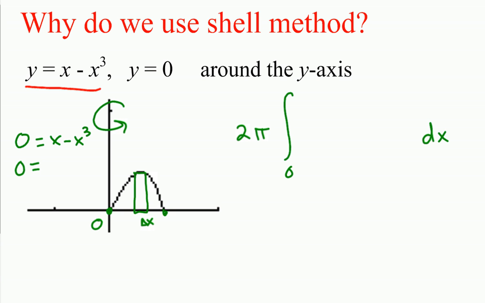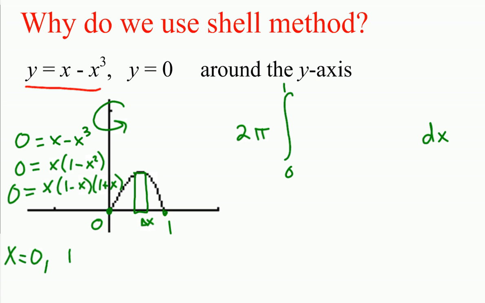Factor out an x, so that's 1 minus x squared, which is x times 1 minus x times 1 plus x, the difference of squares. So our three zeros are 0, 1, and negative 1, but we're only looking at the first quadrant, so we don't have to worry about the negative 1. So this goes from 0 to 1.